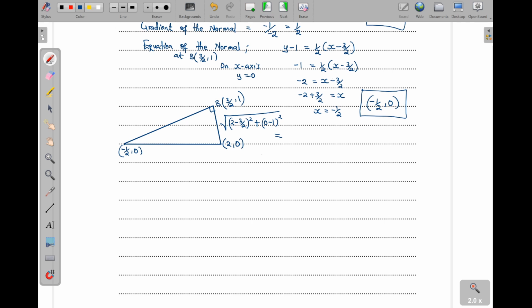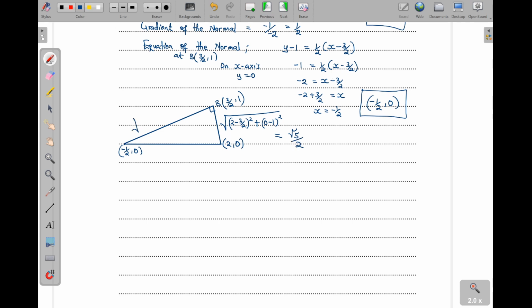So half squared, that is a quarter. A quarter plus 1, that will be 5/4. Okay, so when we get root of 5/4, this is the same as saying root of 5 divided by root of 4. So that will be 2. So we shall have root 5 over 2.